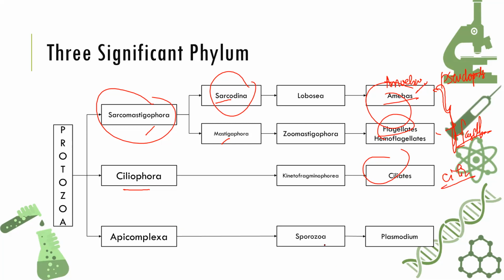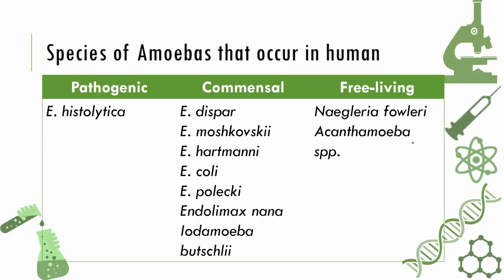Under Apicomplexa, we have the Sporozoa, Plasmodium, plus Babesia, which we are going to discuss later this semester. The focus of this discussion will be amoebas.